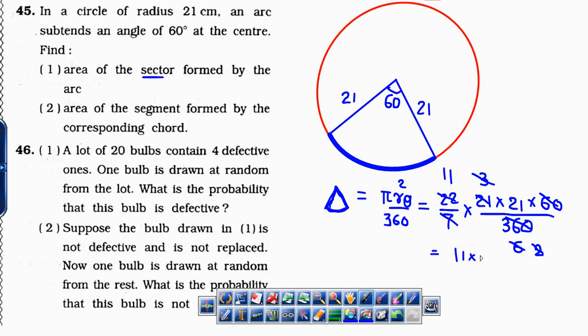Overall you are left with 11 and 21. 231 centimeter square is the answer.